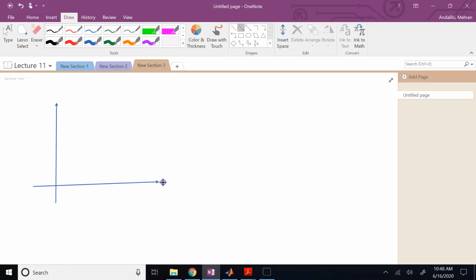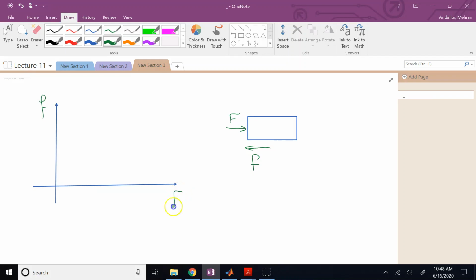So in this case, you know that from physics, I just want to remind you, if this is the applied force and this is the friction, I can show you a graph. When you apply this force, friction keeps growing, but friction never surpasses, never exceeds the force that you apply.